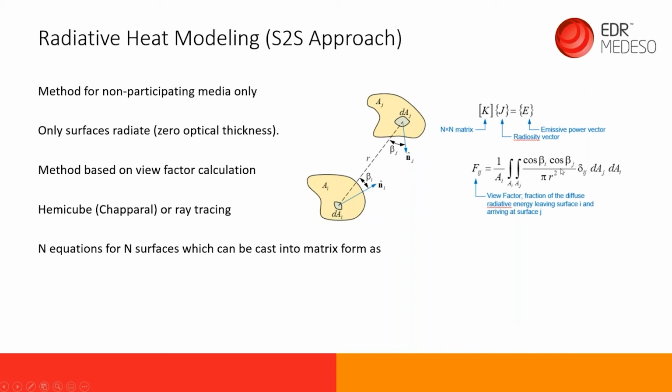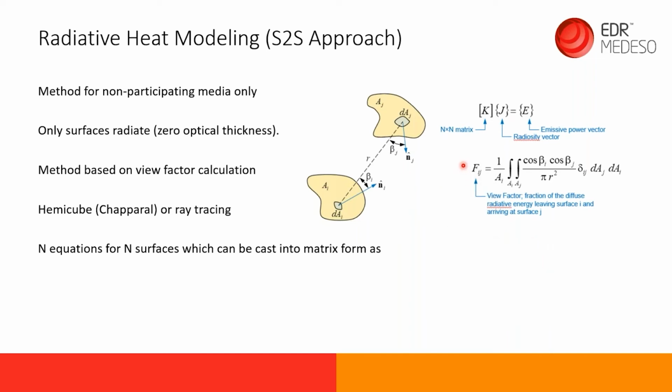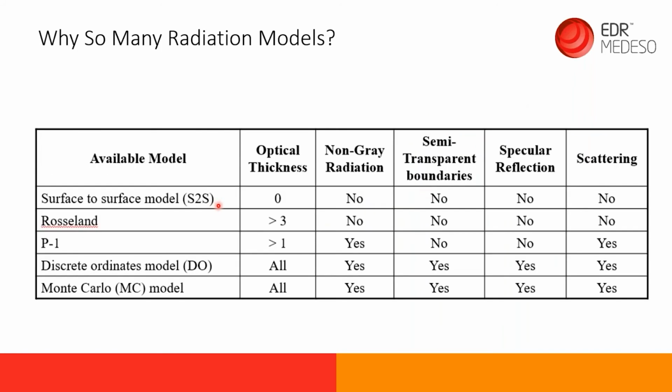I'm not going to worry too much about these equations here, but as long as we understand it's calculating view factors, that's essentially how it works. I'm just going to switch my laser pen back on. If you're familiar with radiation, you'll know about optical thickness, and this is how you judge which model to use.